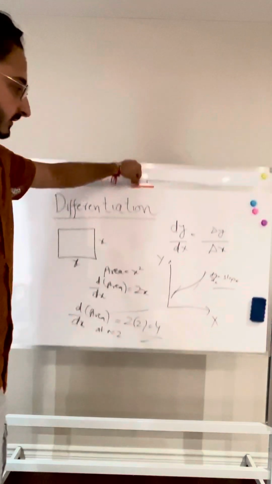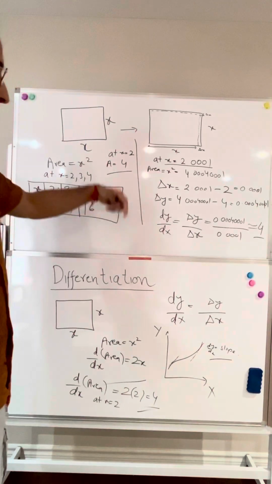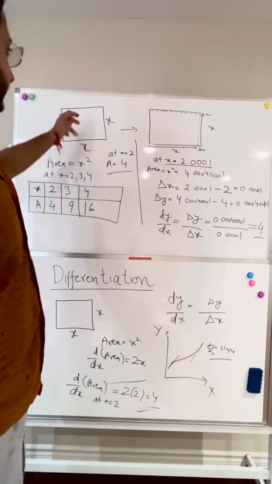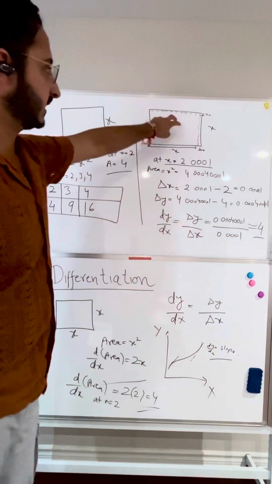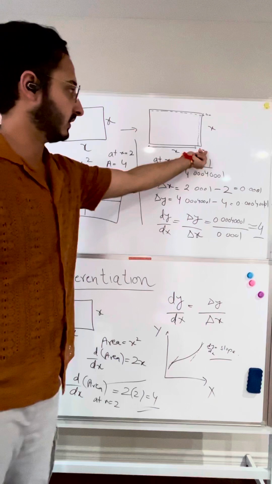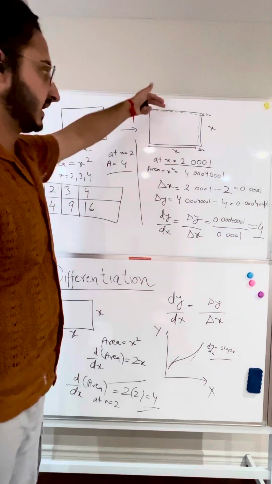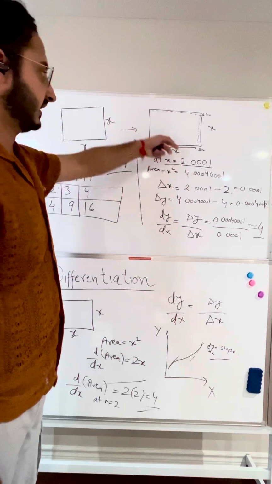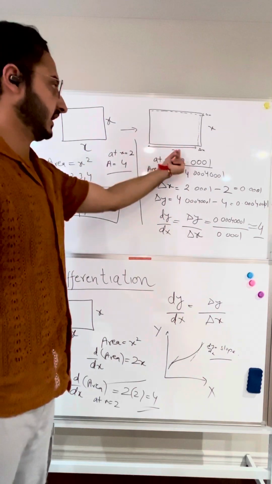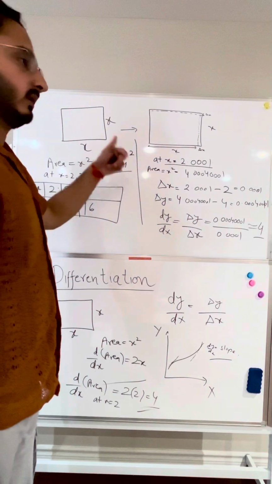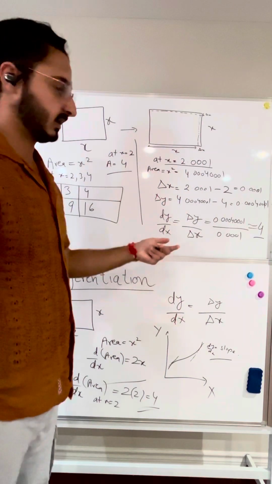Whereas if we take by reasoning what differentiation actually means, it is basically a minute change in the area by a small value called delta x, which will have an impact on y as well, because y is the output and x is the input. If we change x by a small amount, then obviously the output, which is y, is also going to change respectively.